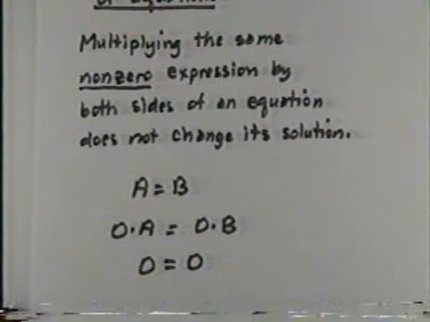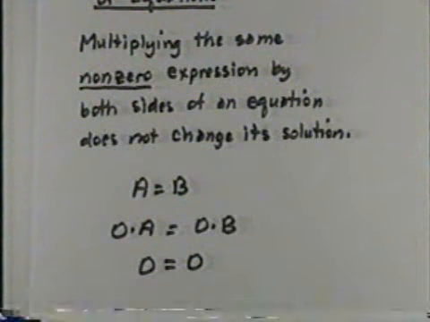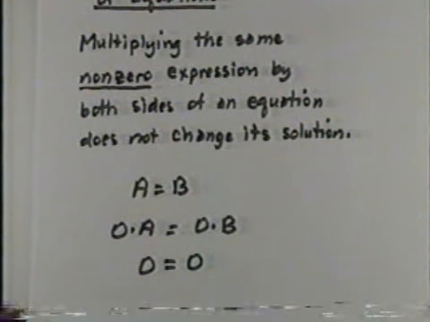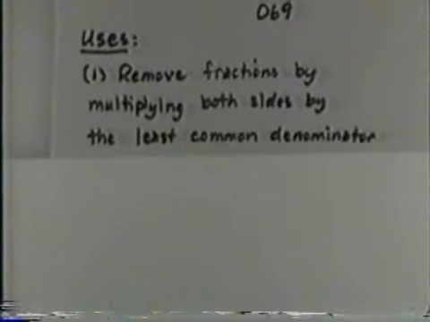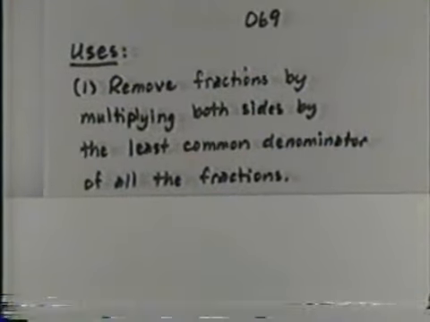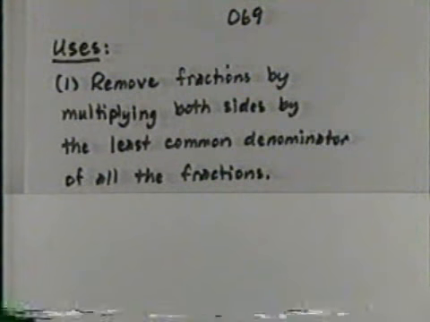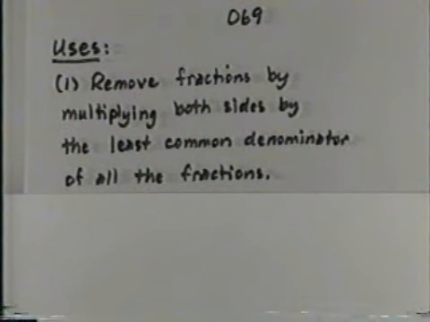The multiplication property of equations has more uses than the others that we've looked at. Let's look at the uses for the multiplication property. Our first is remove fractions by multiplying both sides by the least common denominator of all the fractions.